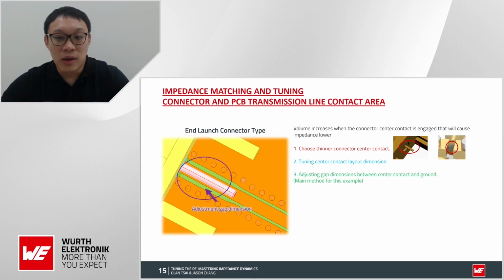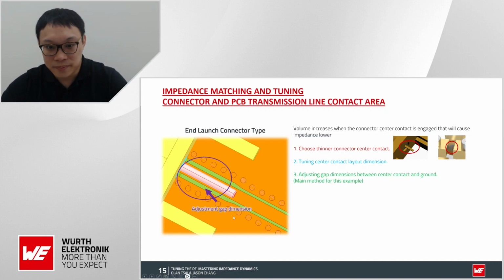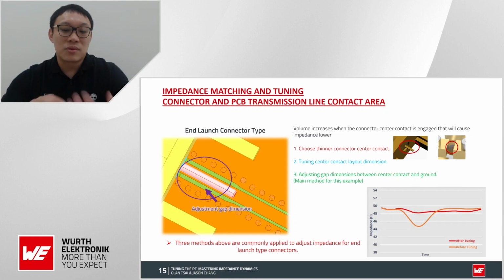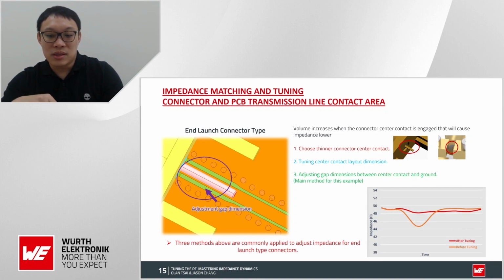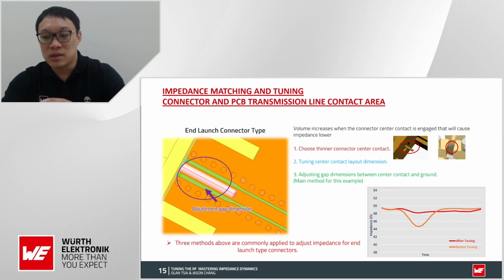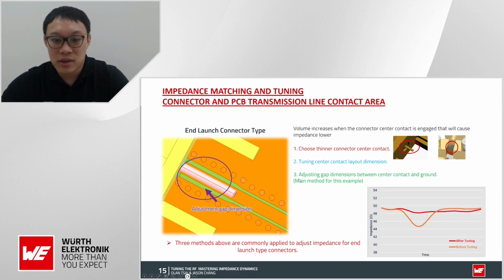And the third one is trying to adjust the gap dimension, which is the width, and the contact, mainly on the contact area. So with these three methods, it will be helpful for you to get a smooth impedance tuning result like ours.